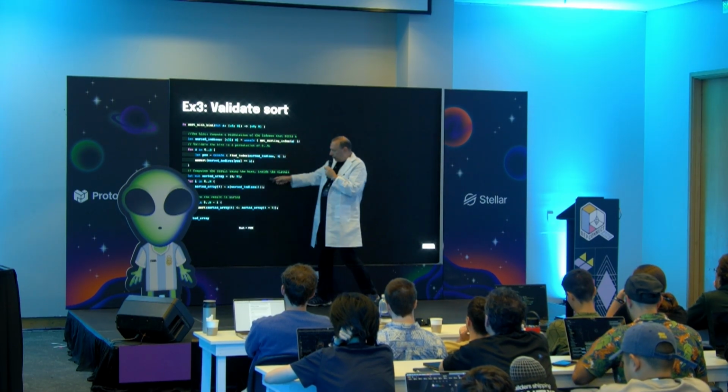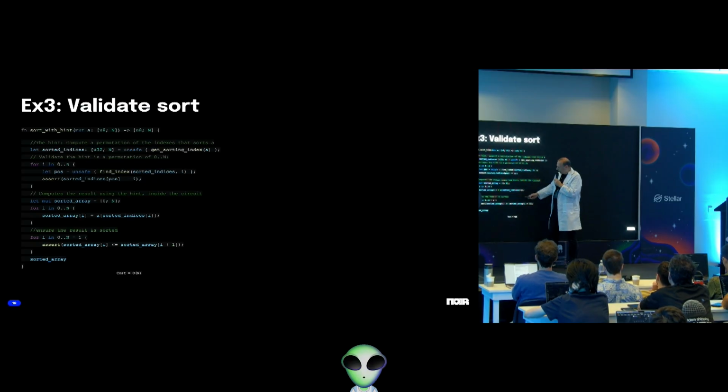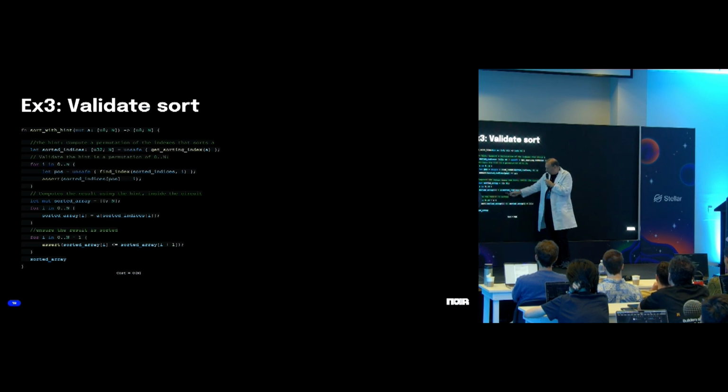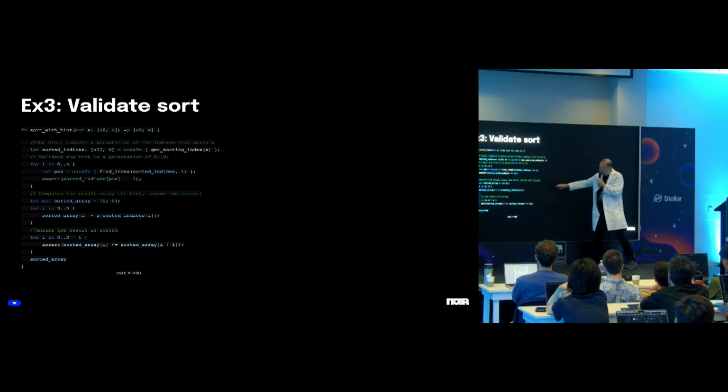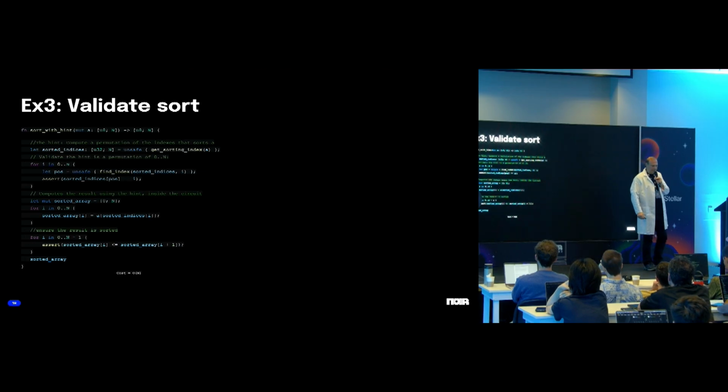Okay, now I need to compute in circuit the result using these sorted indices, which I do here. This proves that the elements of my result correspond to the initial array. And then the final step, as we already saw, is to check that it is properly sorted.